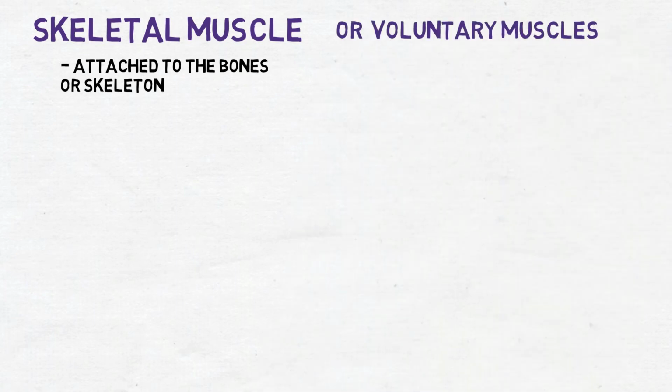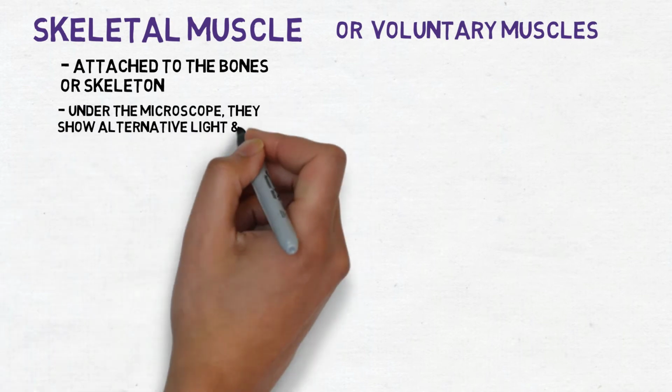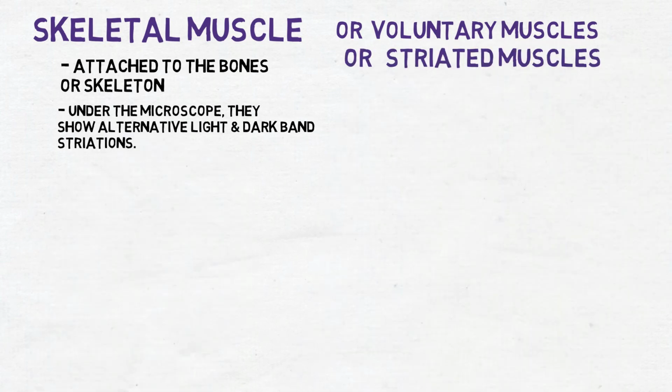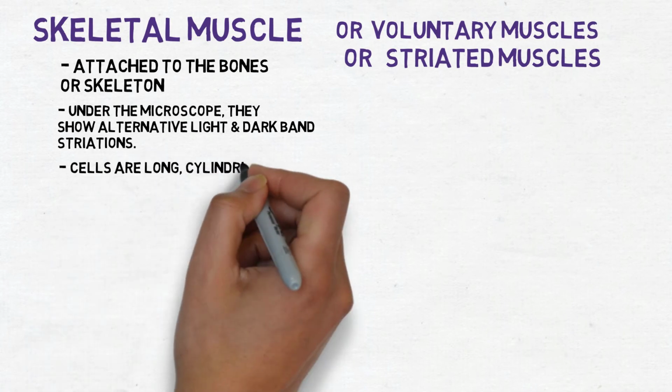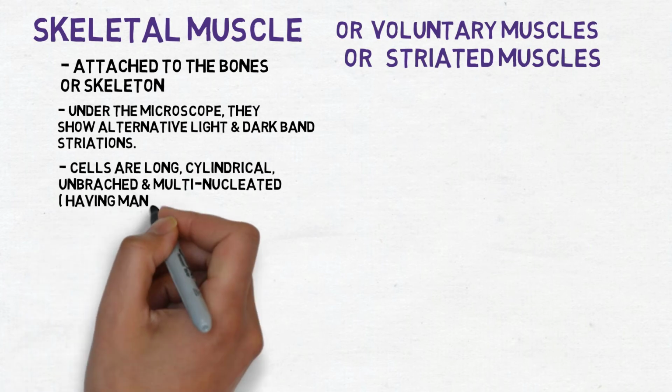When these muscles are seen under the microscope, they show alternate light and dark band striations, so we can also call them striated muscles. Cells of skeletal muscle are long, cylindrical, unbranched, and have many nuclei.